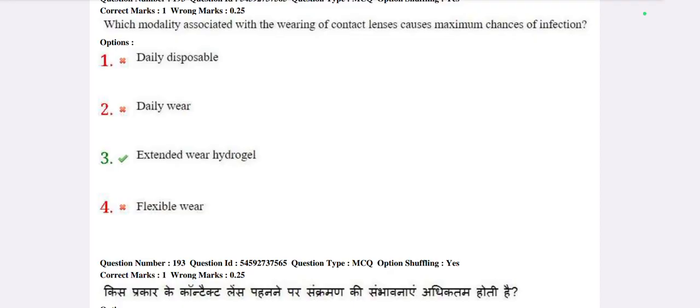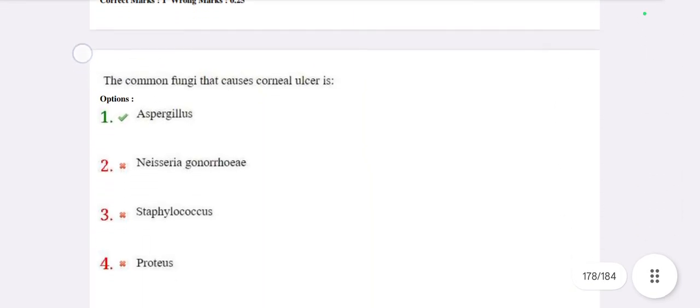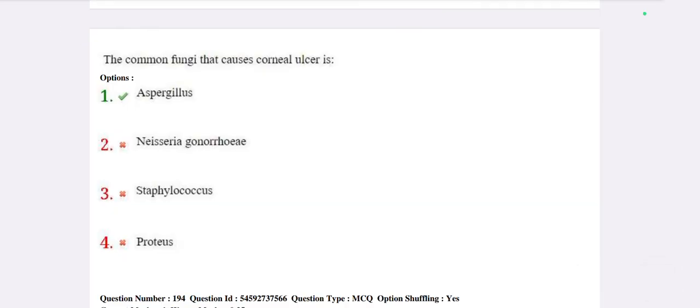Our correct answer is third, extended wear hydrogels. Next question is, the common fungus that causes corneal ulcer is? Options are, first Aspergillus, second Neisseria gonorrhoeae, third Staphylococcus, fourth Proteus. Correct answer is first, Aspergillus.